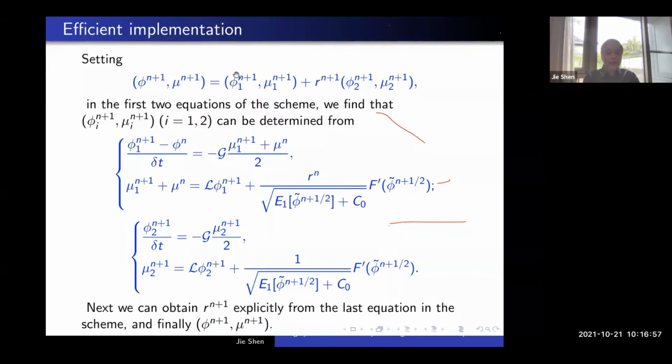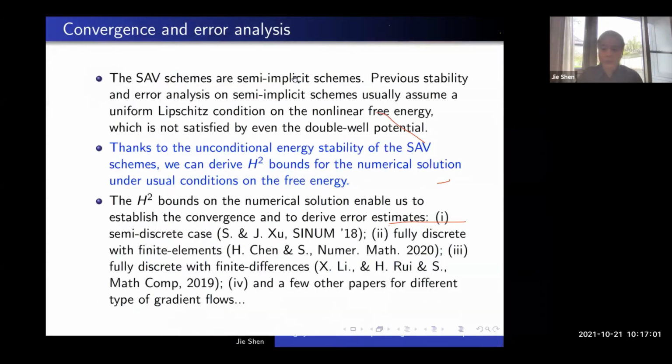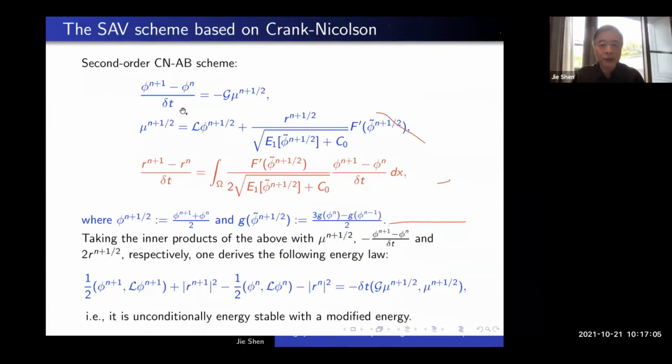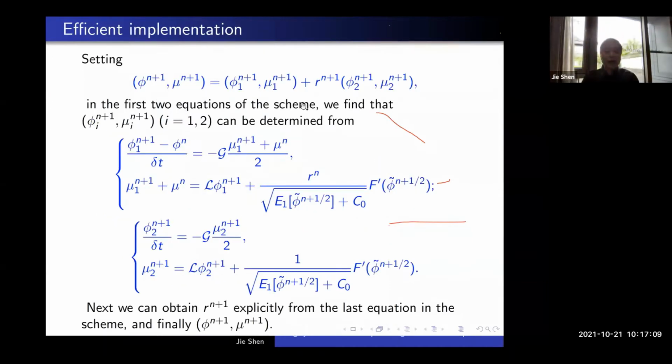Then you plug this relation into the first 2 equations, and you collect the terms without R n plus 1. You get the equation for phi 1 and mu 1, which is just a semi-implicit scheme, linear, constant coefficient.